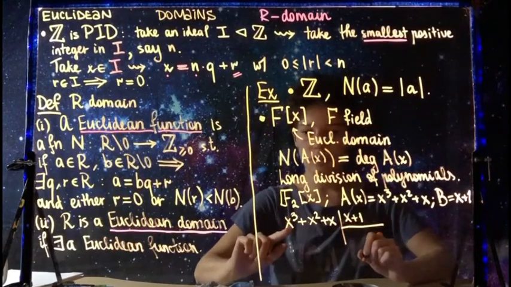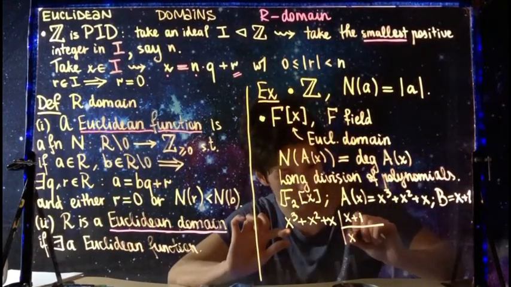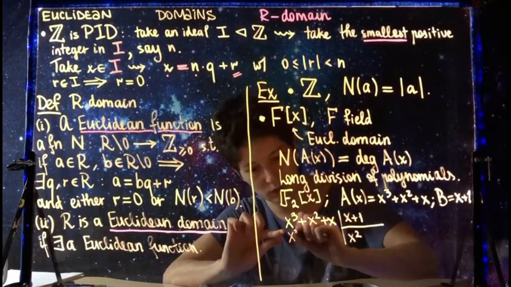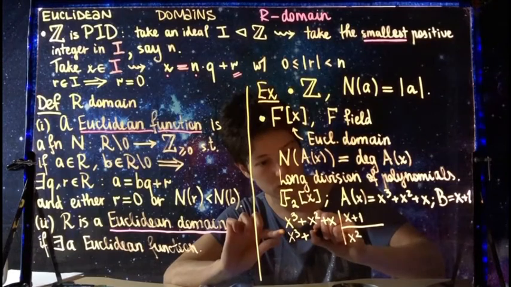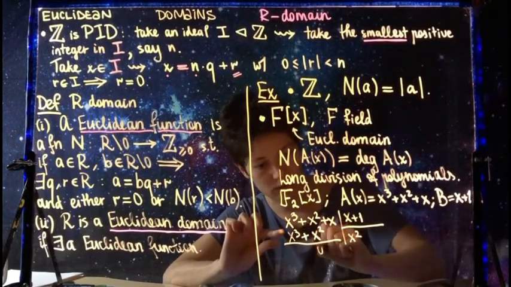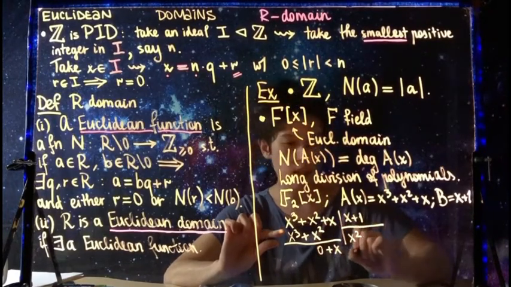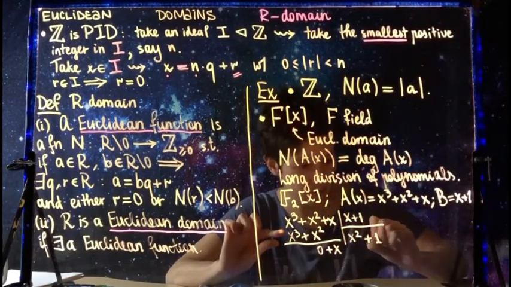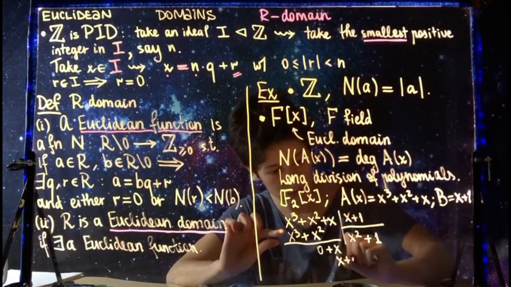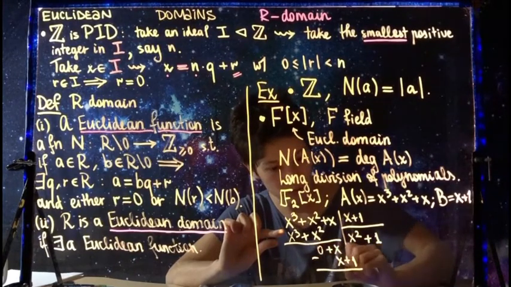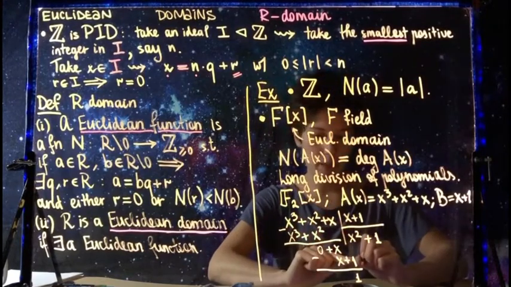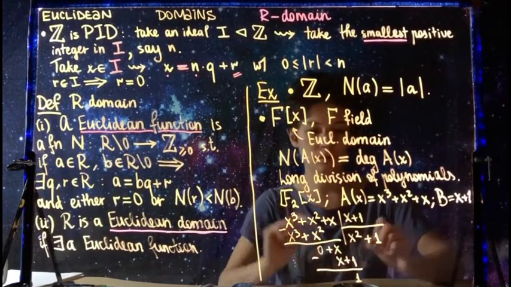I kill the first summand by writing x squared. So x squared times x plus 1 is equal to x cubed plus x squared. So here we get 0 plus x. And now by taking x plus 1 times 1, we can kill x. So this minus this, we get 1. And I just want to remind you that minus 1 is equal to 1 in F2.